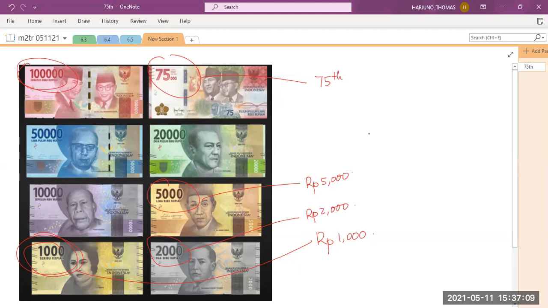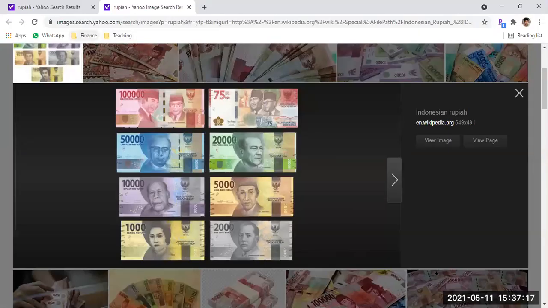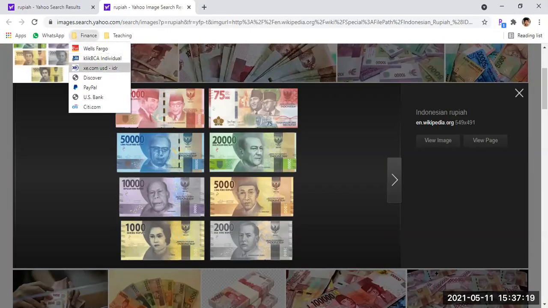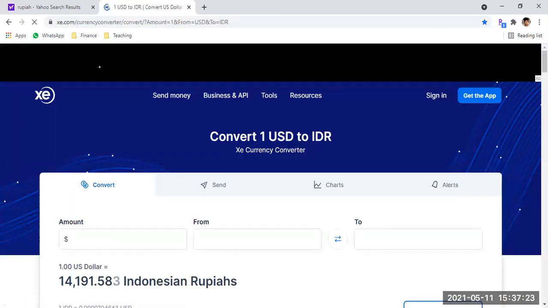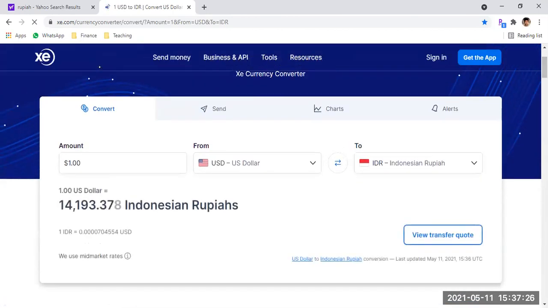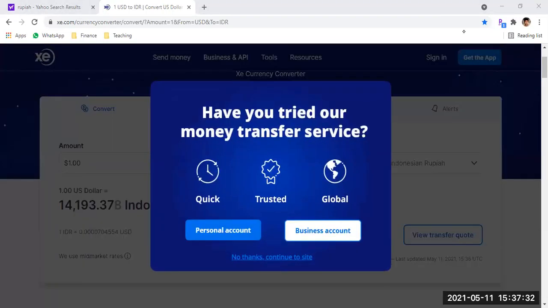But I want you to realize that, let's go back to here. You know, go to finance and take a look here. This is the conversion, Indonesian money to American money.